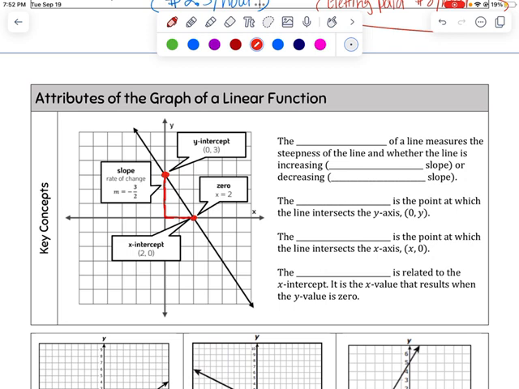That slope that we talked about, the slope of a line measures the steepness of the line and whether the line is increasing. We call that positive slope. Or whether it's decreasing, which is my negative slope. And then the point at which the line intersects the y-axis. So my y-axis right here, the point crossing that is going to be my y-intercept.